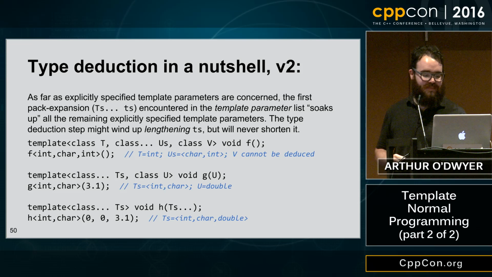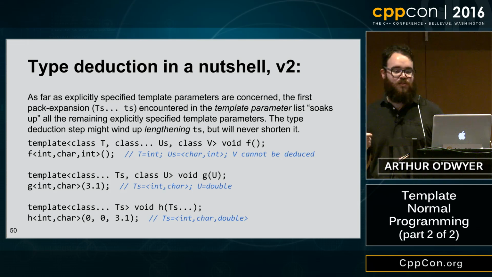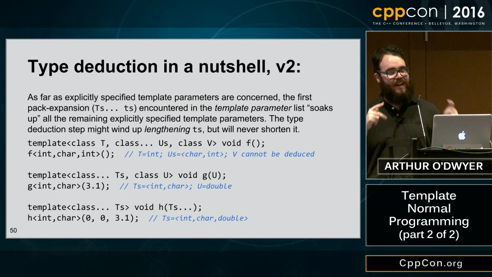Well, in that case, it would be fine. But yeah, in the second case, in G, there's no way to tell it explicitly what U is. U can only ever be deduced from the parameter list, because anything I throw inside those angle brackets is just going to keep getting added to T's. There's no way to specify U in the angle brackets. Anything I throw in there is going to get soaked up. Does that answer the question?